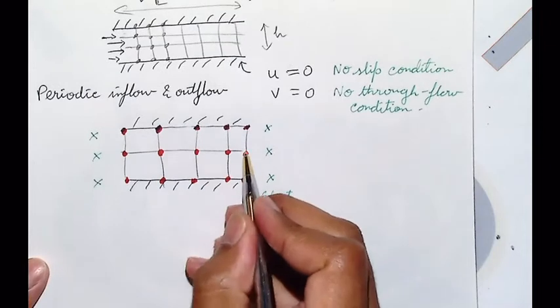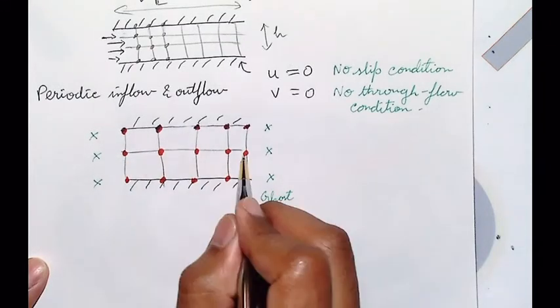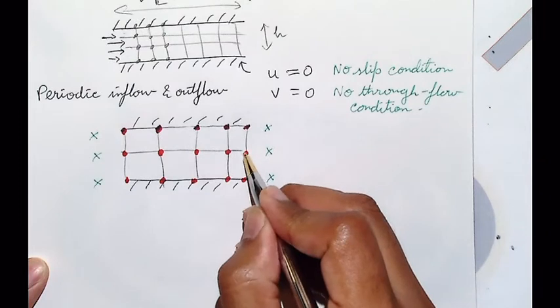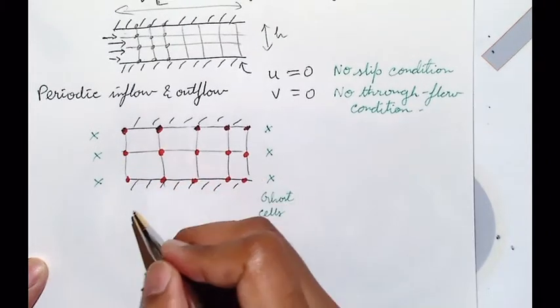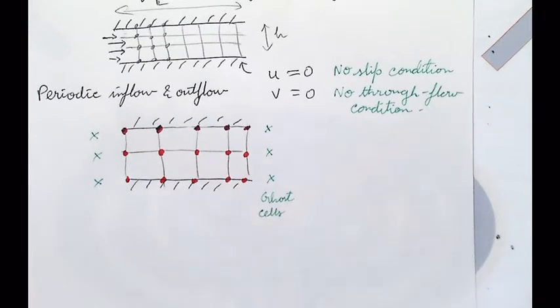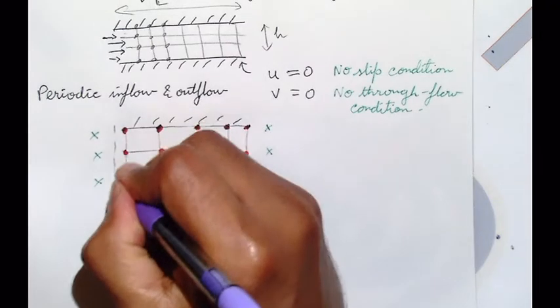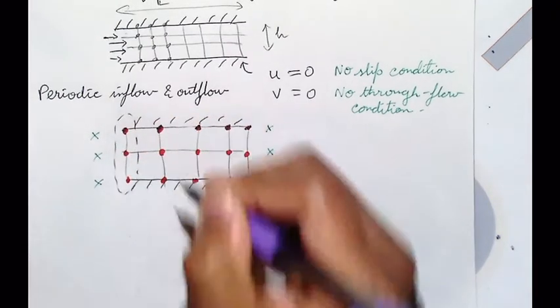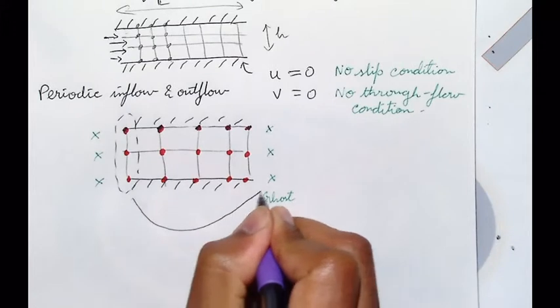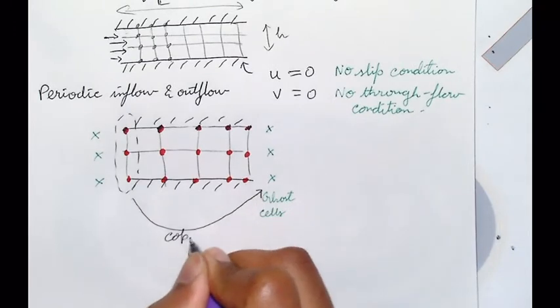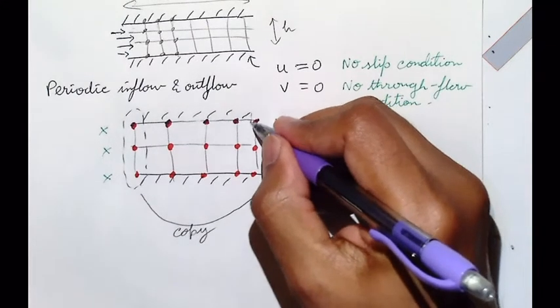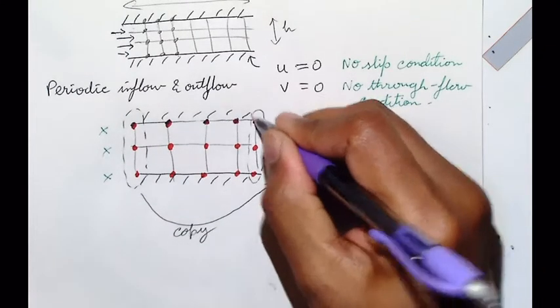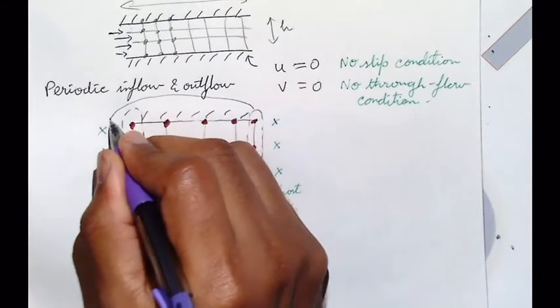And now we are saying we have a periodic boundary on left and right, which means when I'm over here, I will need information to the right, which should actually come from here. So what I can do is take this data and copy it over here, and the same thing on the other side.